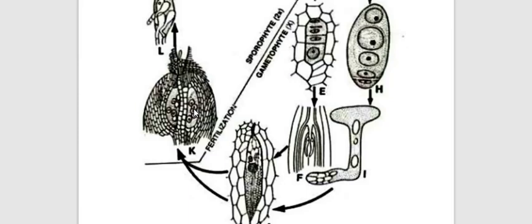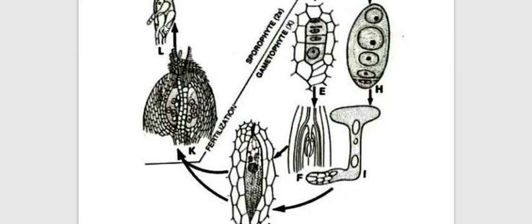All these proembryos start to develop into embryos, but the lower cells develop more rapidly, and at maturity only one proembryo develops into the embryo, while all the other proembryos disintegrate.